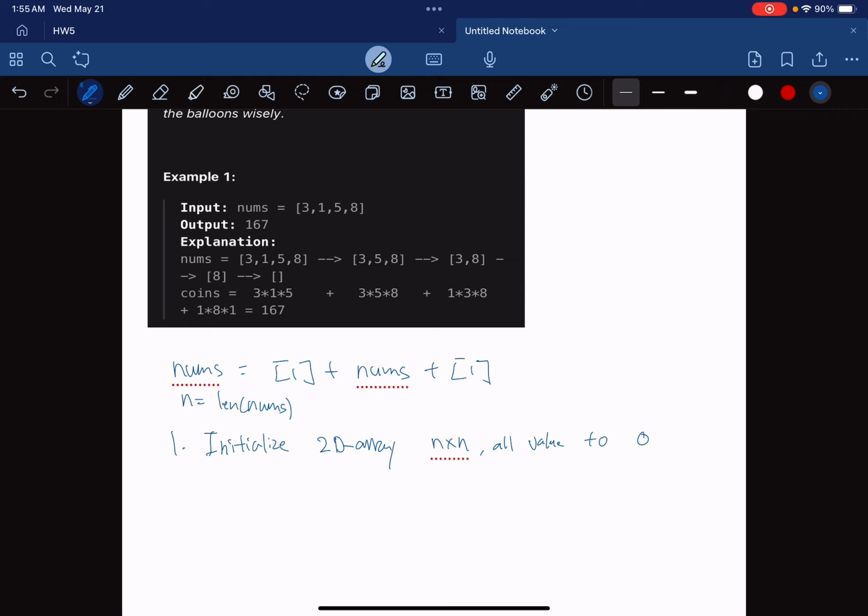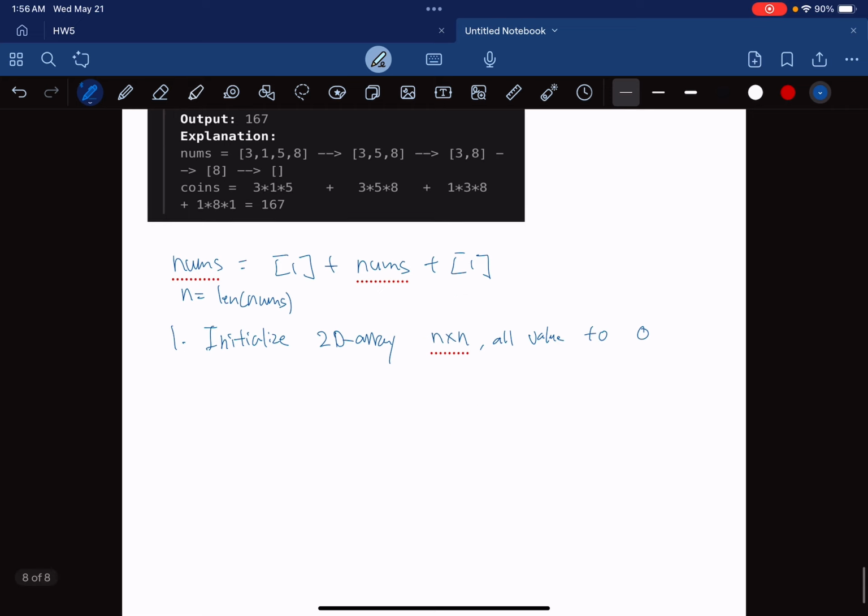That could be the first step. And then to start building the array, what do we have to consider? In the 2D array, we want the first entry to be the starting index, and the last entry to be the ending index. We should include the start and the end, and we want to find the optimal value in between the range that's given.